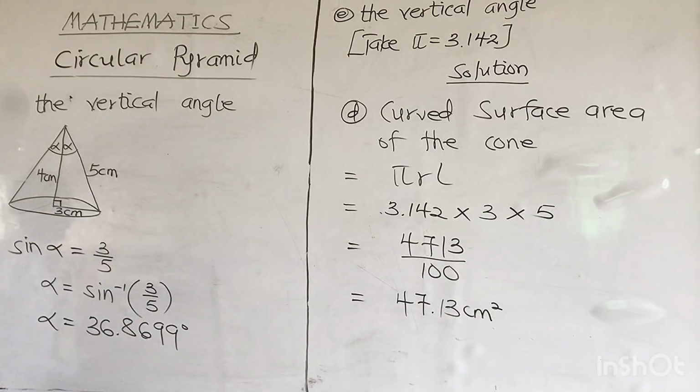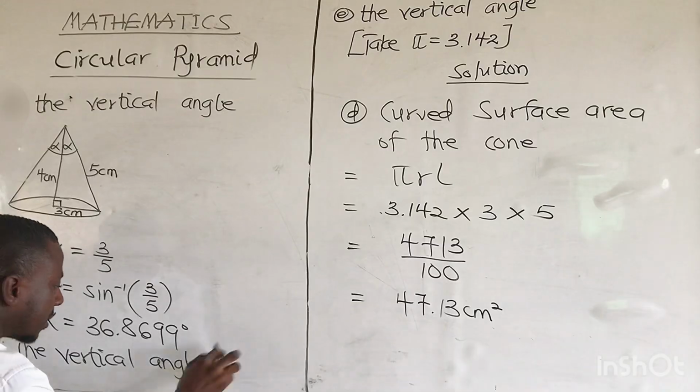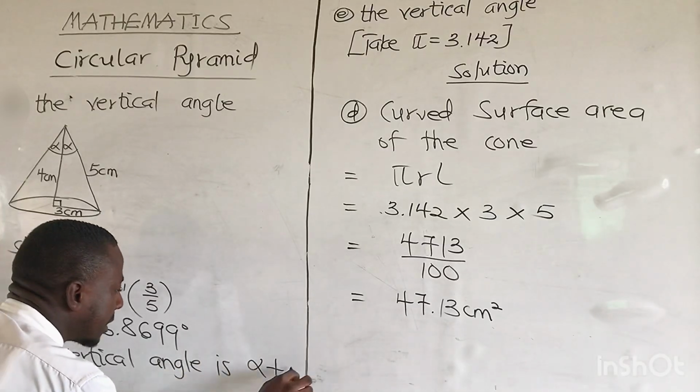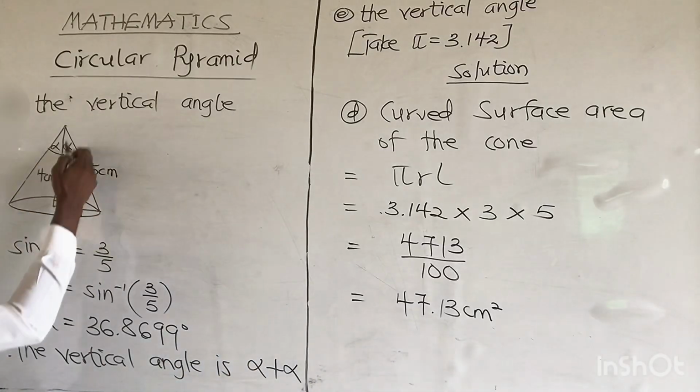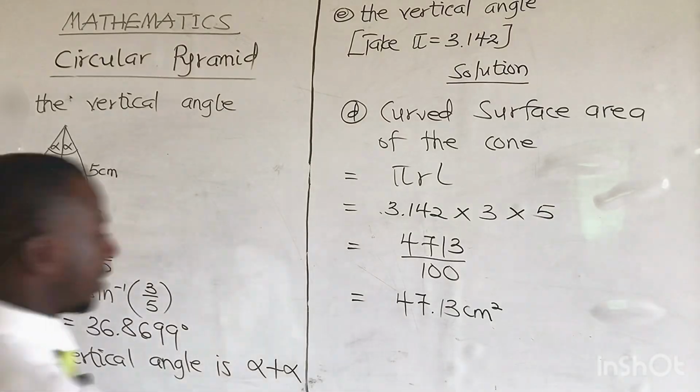So as I said earlier, if you want to find the whole angle, therefore the vertical angle is alpha plus alpha because it's the whole of the angle. So let's make the conclusion here.